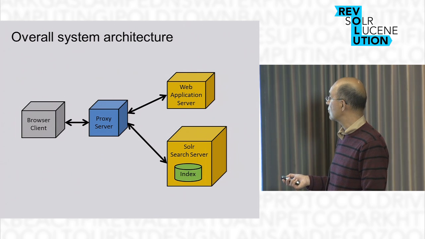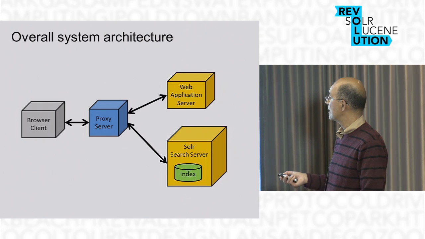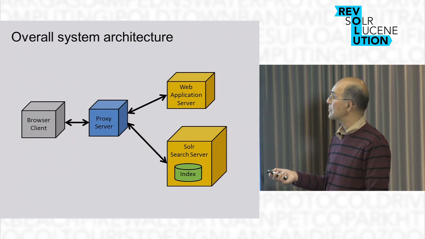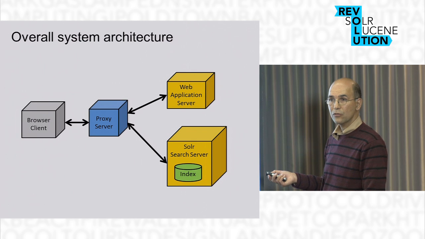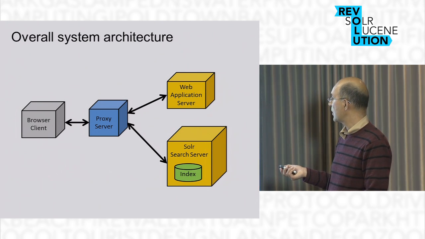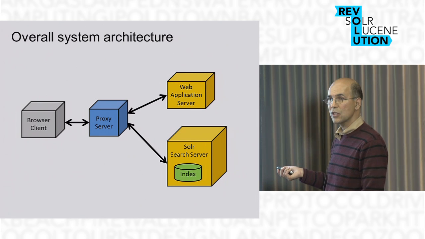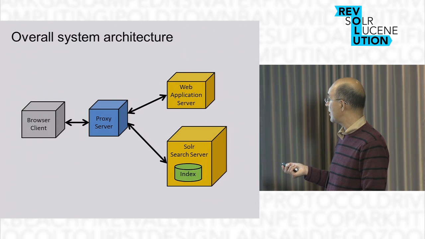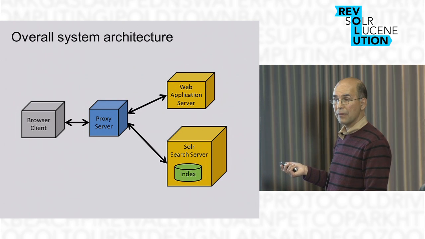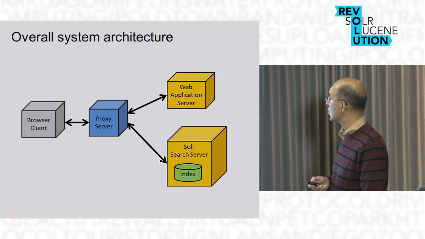The query goes back to this Solr search server. When it executes, the response comes back again through the proxy, back to the browser, and everything gets done over there. In our case, we ended up having our indexes on the same box. We didn't have a need for separating out on a separate box, and it meets our need at this stage.